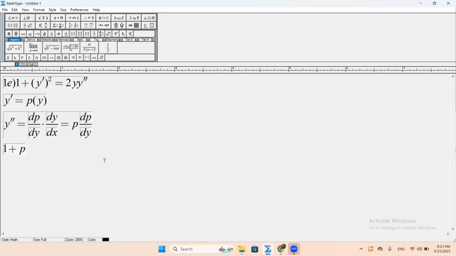So 1 plus p squared equals y multiplied by this expression. So we received the equation with separable variables. Now let us separate variables and integrate.